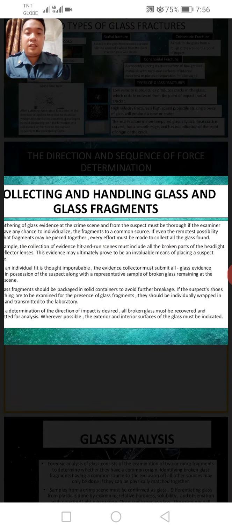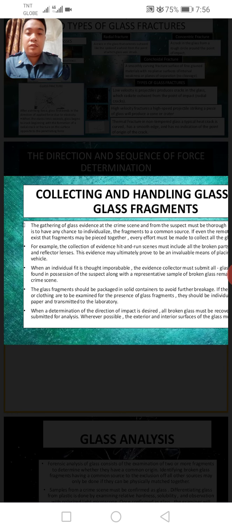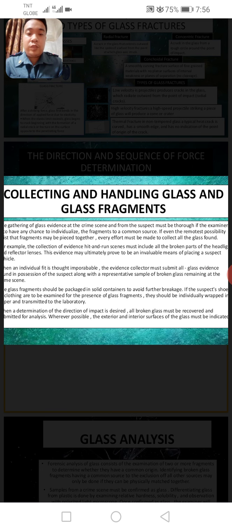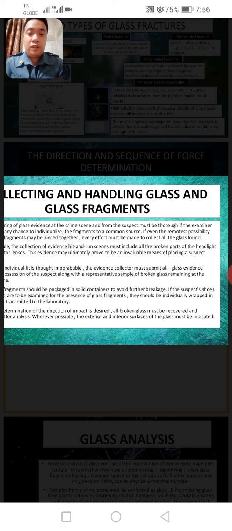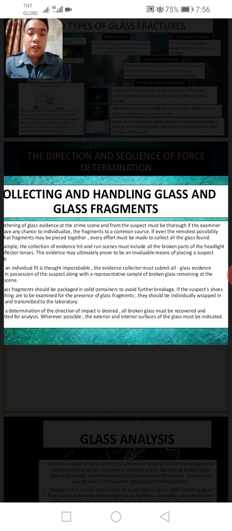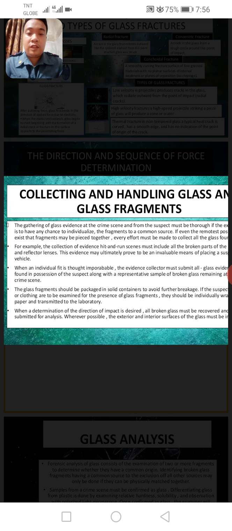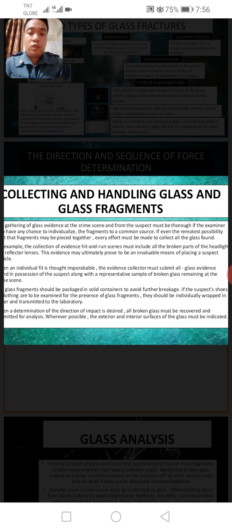Collecting and handling glass and glass fragments. The gathering of glass evidence at the crime scene and from the suspect must be thorough if the examiner is to have any chance to individualize a fragment to a common source.